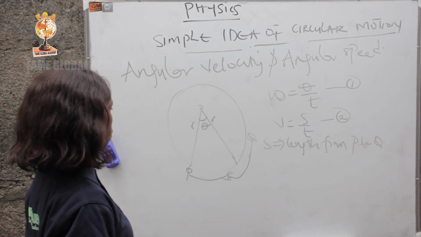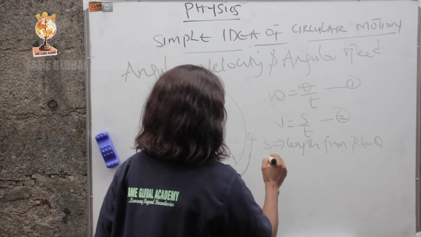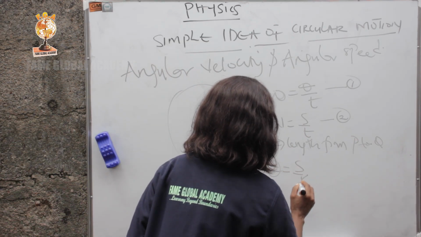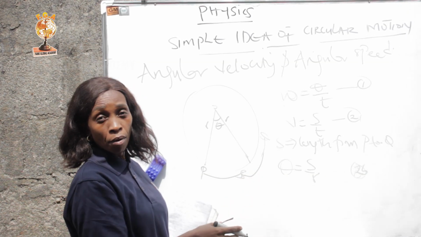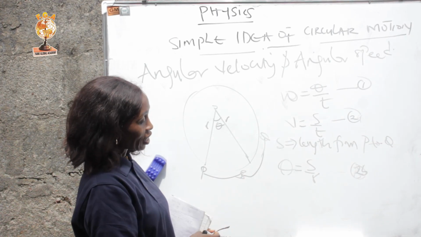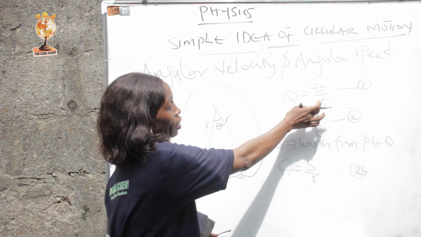Then if you compare this also, the angle theta becomes S over R, and theta represents the angular turn over time elapsed.